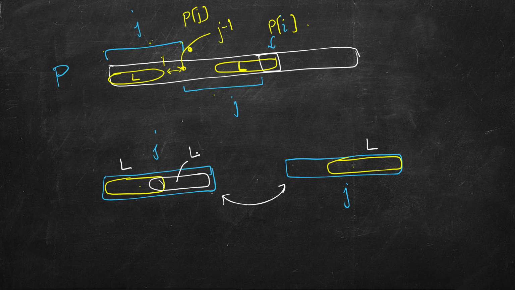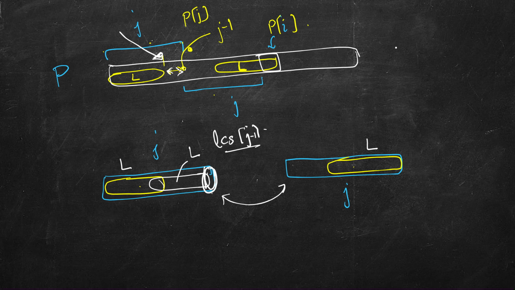So what will be this value L? This will be the LPS of this character, whatever the character is here. And what is this j? In fact, j. So here we are at j minus 1, so the LPS of j minus 1. If we know the LPS of j minus 1, we can know this value.